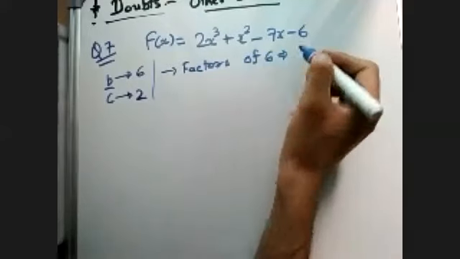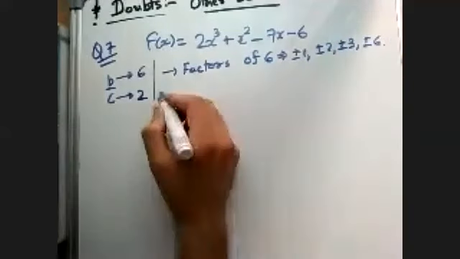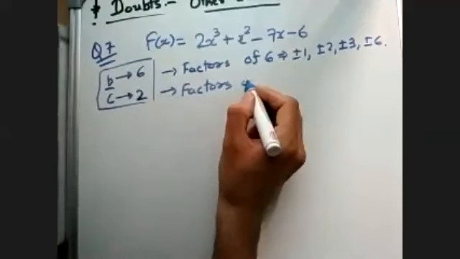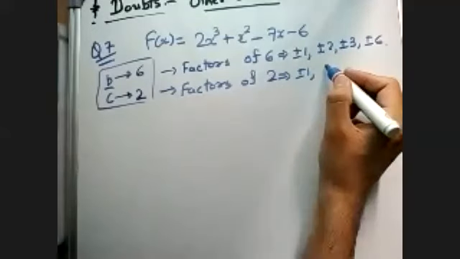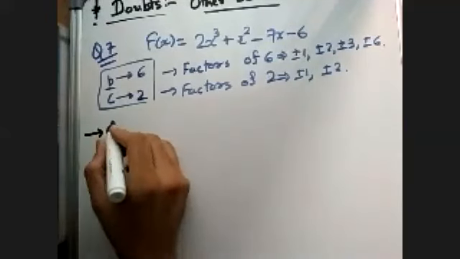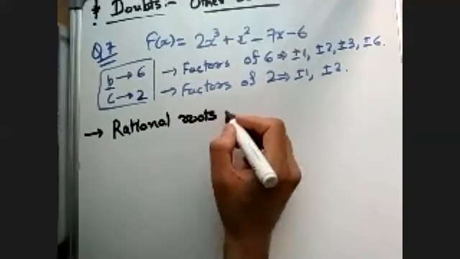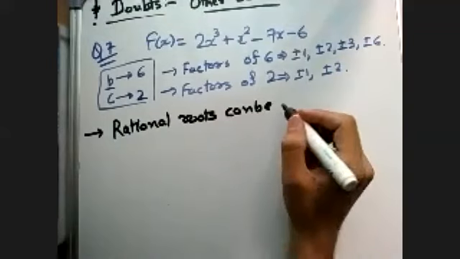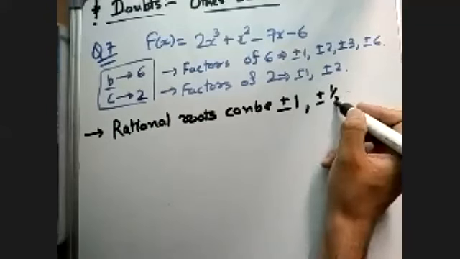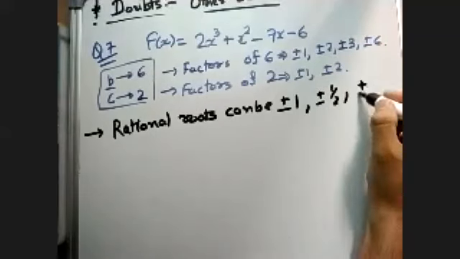वो आपको क्या मिलेंगे? प्लस और माइनस 1, प्लस और माइनस 2, प्लस और माइनस 3, प्लस और माइनस 6. Now factors of 2, this is for rough only, are plus or minus 1, plus or minus 2. Now by combining them, I can write our rational roots can be plus or minus 1 by 1, so plus or minus 1; 1 by 2, plus or minus half; 2 by 2, plus or minus 1, already there; and 2 by 1, plus or minus 2.